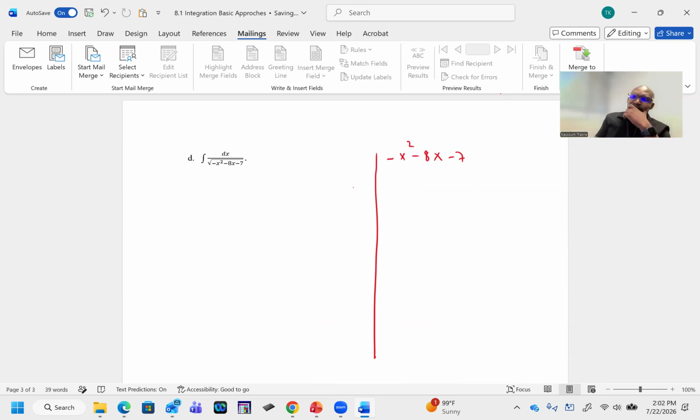So first thing, my goal will be to make this one the difference of two perfect squares, right? So what I will do first, I can see all of them is negative. It's hard to work with a negative term, right? So let's factor this negative first. So I will have what? x squared plus 8x plus 7, right?